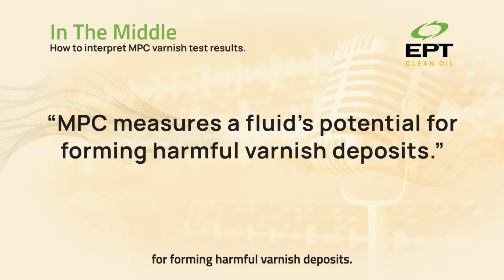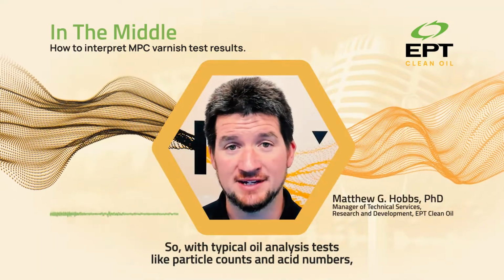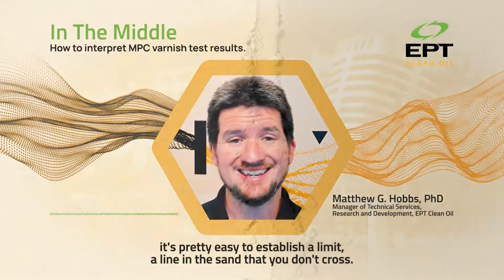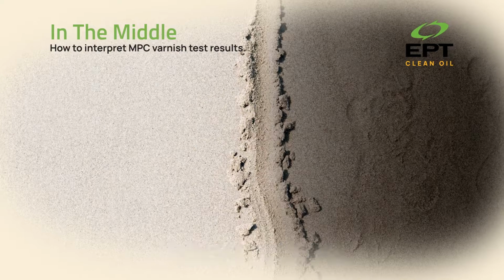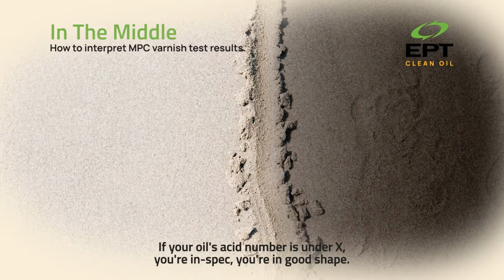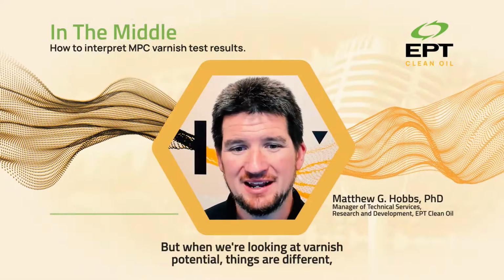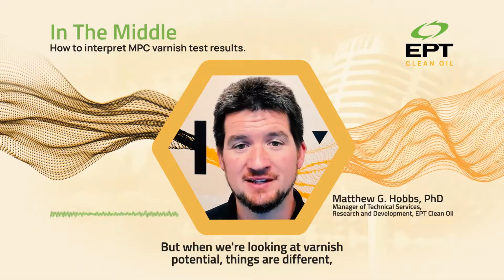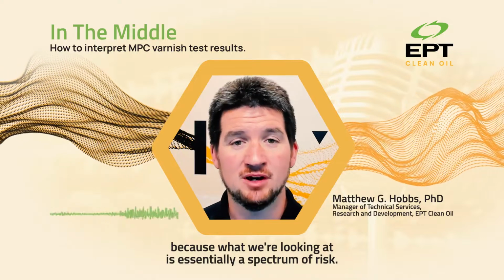So with typical oil analysis tests like particle counts and acid numbers, it's pretty easy to establish a limit, a line in the sand that you don't cross. If your oil's acid number is under X, you're in spec, you're in good shape. But when we're looking at varnish potential, things are different, because what we're looking at is essentially a spectrum of risk.